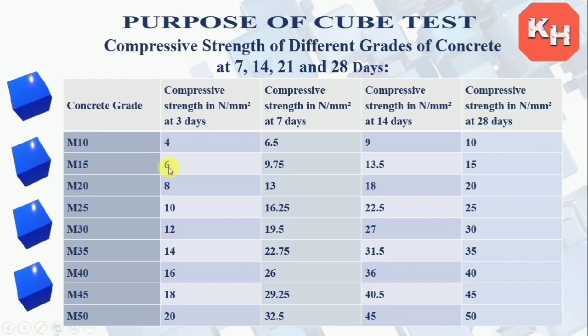Similarly for M15: 6 Newton per millimeter square in 3 days, 9.75 in 7 days, 13.5 in 14 days, and 15 in 28 days. The same as we discussed, we can see for the M20, M25, M30, M35, M40, M45 and M50 grades.